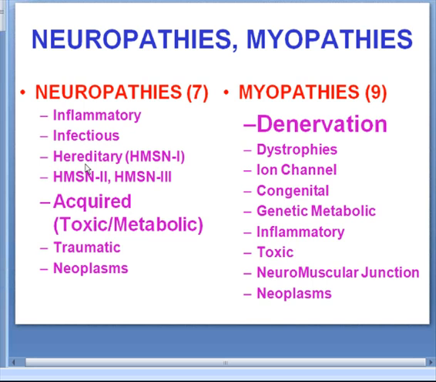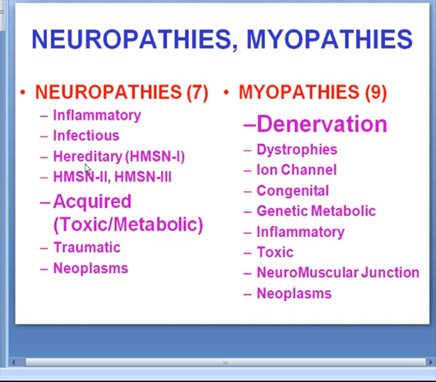And then in the second half, we'll be talking about the various primary things that can go wrong to muscles. You know, we mentioned denervation as the big thing because it's the most common type of myopathy, but it's not even really a primary myopathy, is it? It's a disease of nerve.